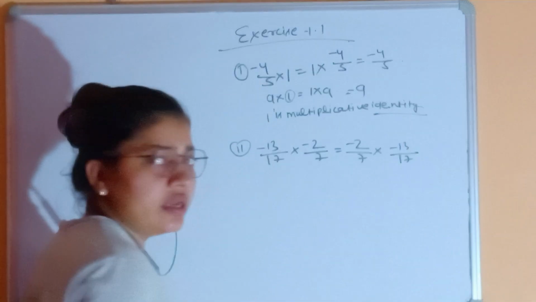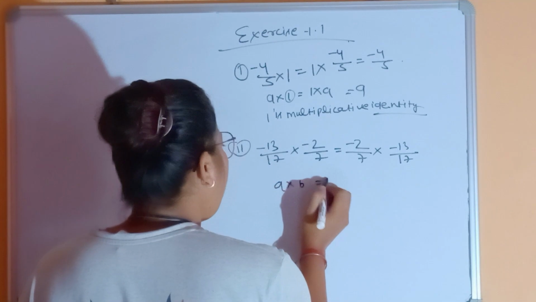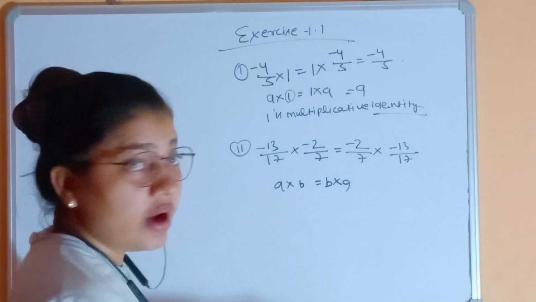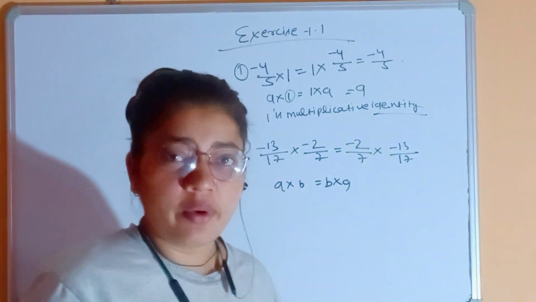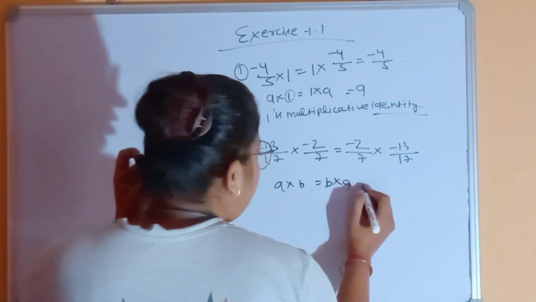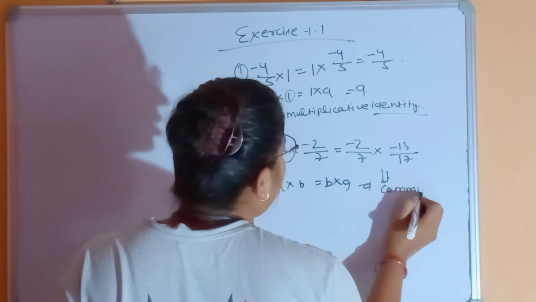Here we understand in examples, a into b is equal to b into a. Which property is shown here? The commutative property. If a into b is equal to b into a, that is the commutative property.